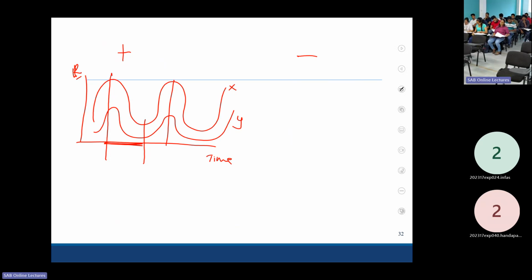You know the risk and return theory. When the return is increasing, for stock X the return is increasing, and for Y also the return is increasing. So this implies that when the return is increasing, how about the risk? Risk is also increasing, because risk and return go together.